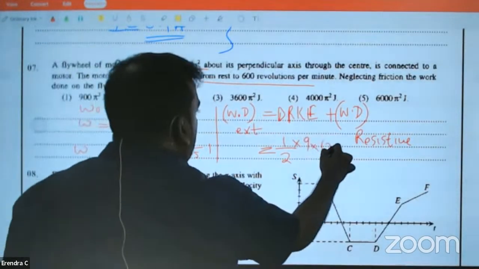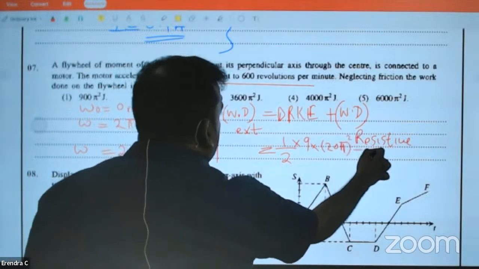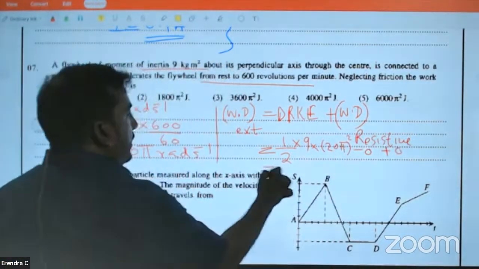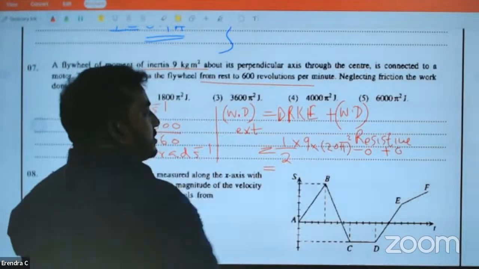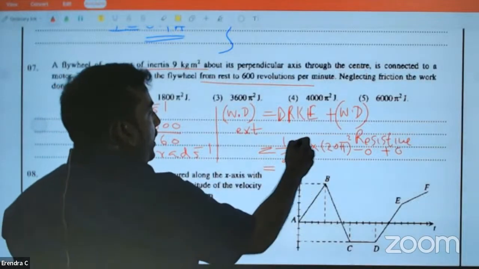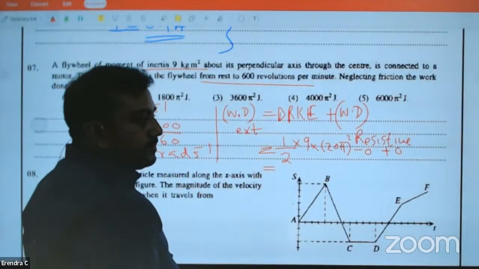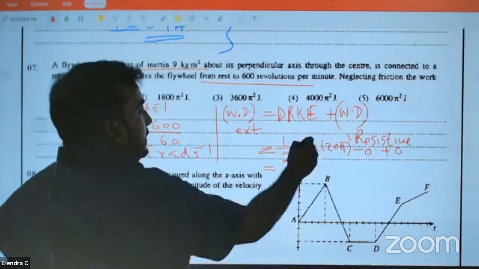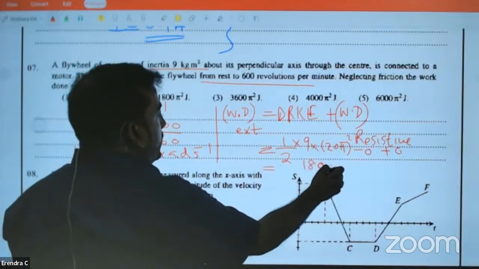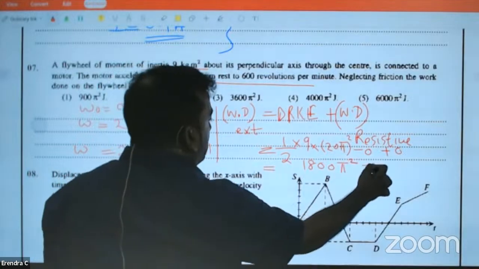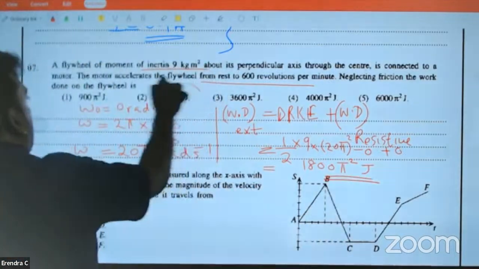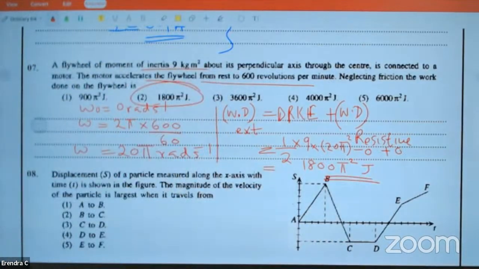Don't forget, 20 pi squared, minus initial, no resistive work done. Be careful now. 20 squared is 400. 400 times 9 is how much? 3600. 3600 divided by 2 is 1800 pi squared joules. Answer number 2.